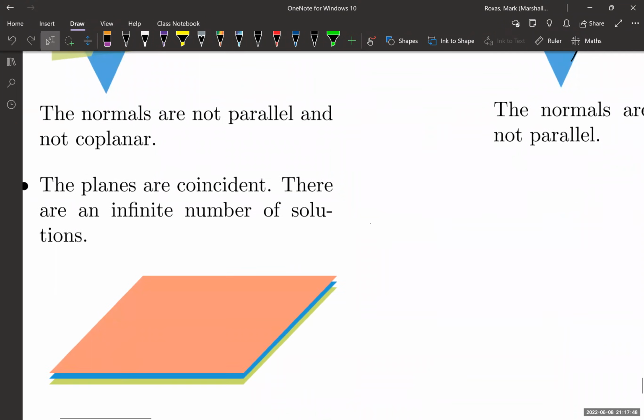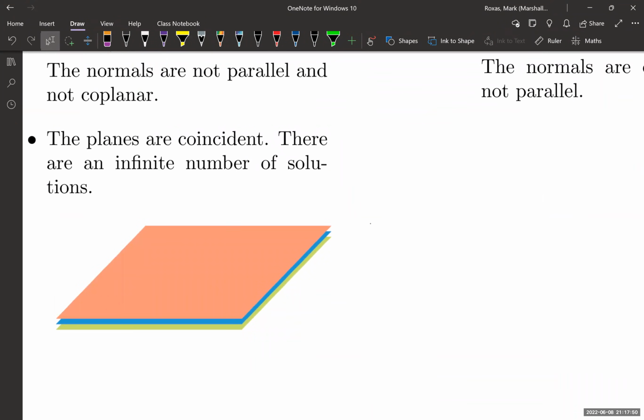Then the third case, if we have three consistent planes, if the three planes are coincident, here we have an infinite number of solutions. All three planes are the same. So what we're saying here is plane 1 is a scalar multiple of plane 2, which is a scalar multiple of plane 3, and all the normal vectors are going to be pointing the same way.